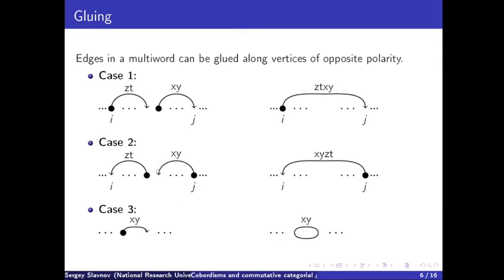When we glue these two edges, we get a new edge which starts at J. So in order to read its label, we go first to J, we read the label which starts at J, and then we read ZT and concatenate the words in this order. So it's XYZT. So we always read the label of a new edge starting from the starting point of this edge.